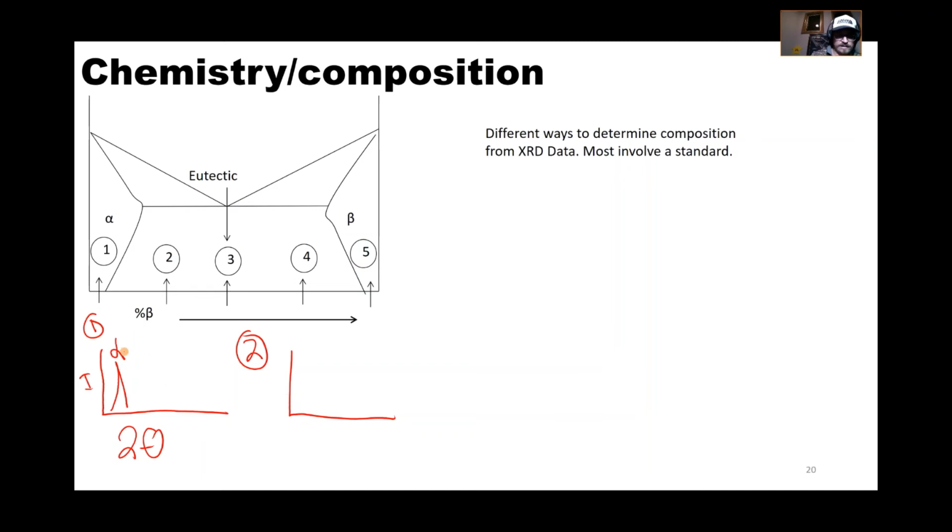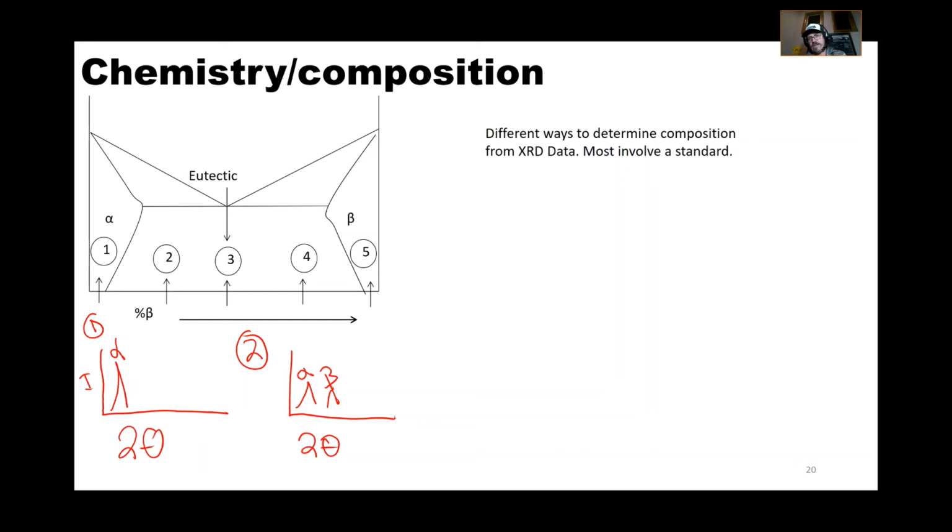And the overall intensity of the alpha is going to be less. Then we'll have a smaller peak of beta on the 2 theta. I got these equations from the Metals Handbook, and there are other people who publish similar types of equations.